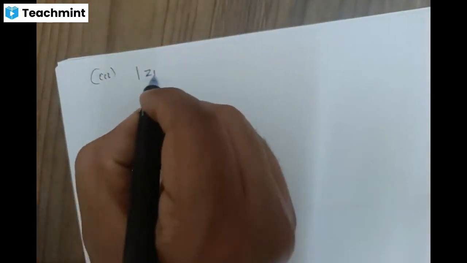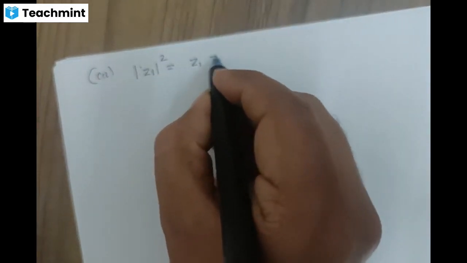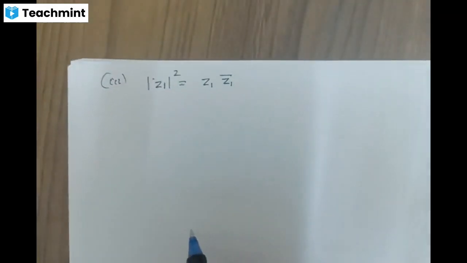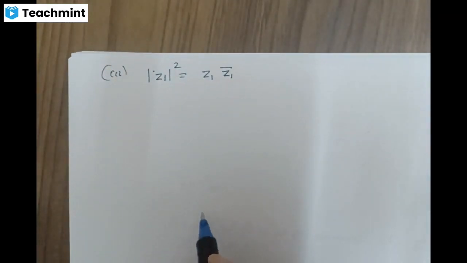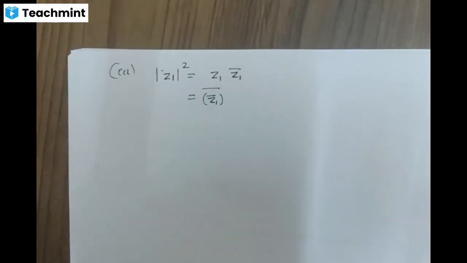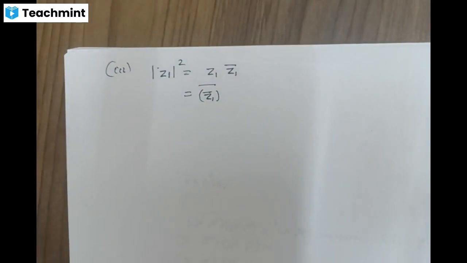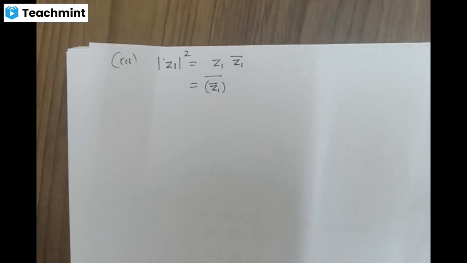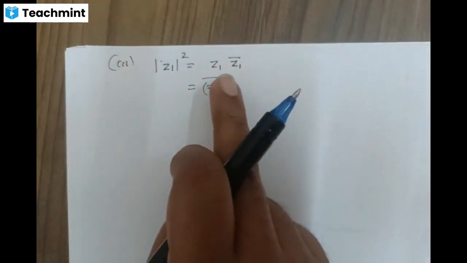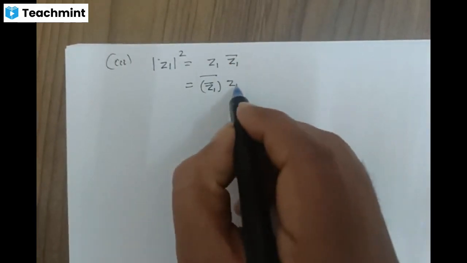So next, in the third one, I will take mod z1 whole square, which I can write as z1 into z1 bar. So I will write z1 bar whole bar. In the modular property we can say that conjugate of conjugate of z is equal to z. So using that, conjugate of z1 whole conjugate is equal to z1, so z1 into z1 bar.